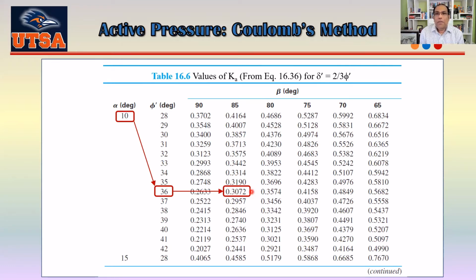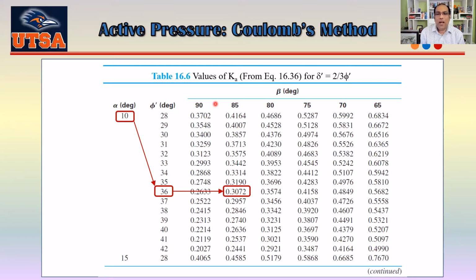But the problem is, if they gave you, let's say, 90, 85, 80, and your beta is 83, then basically you have to do a lot of calculation here, like interpolation, to find that out. To make that easy, I just posted the Excel file, which has this equation set up there.